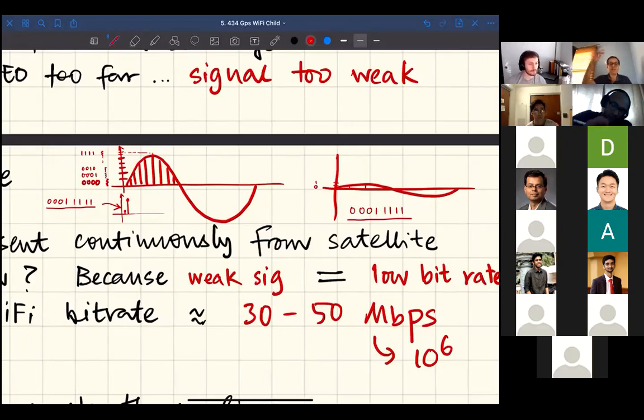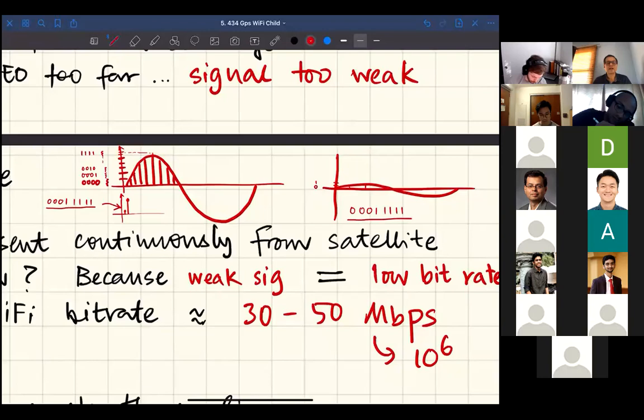Okay. So the weaker the amplitude of the signal, the less you can chop it up into fine-grained buckets. The amplitude basically gets chopped up into buckets, and whichever bucket the sample falls into, that's what you receive as the value.